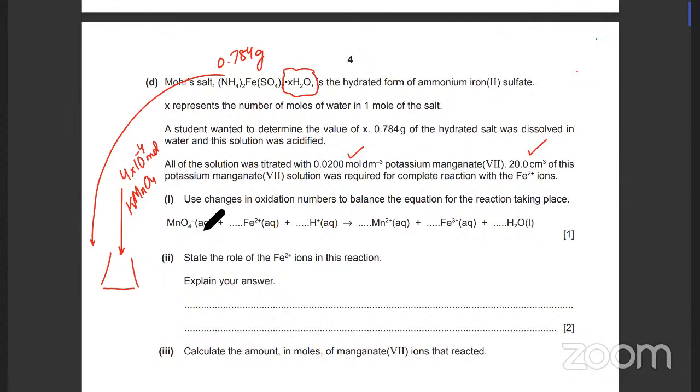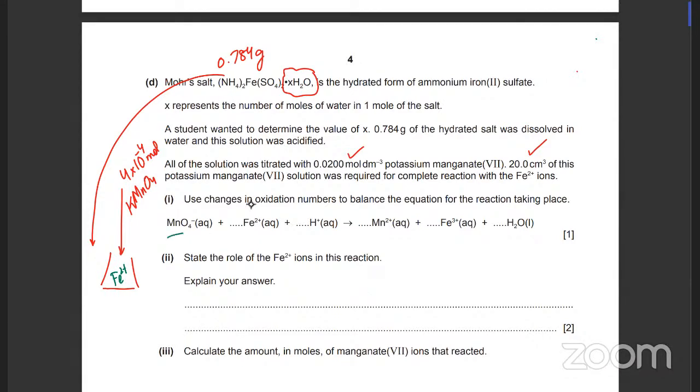But here they're saying that it was only required for complete reaction with the Fe2+ ions. So if MnO4- is 4 times 10 to the power minus 4 moles, the first thing you have to do is balance the equation.